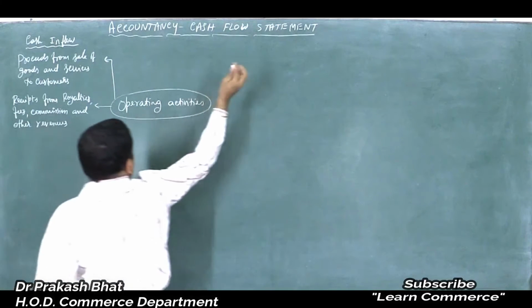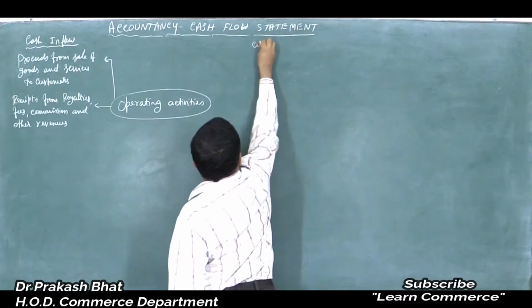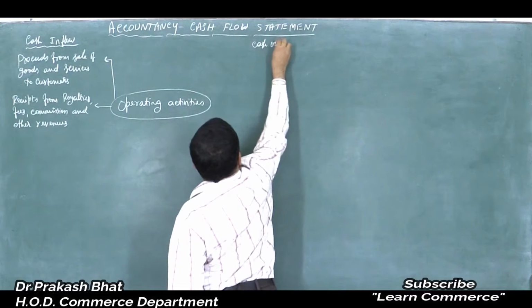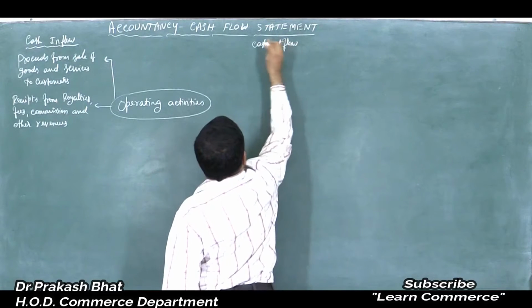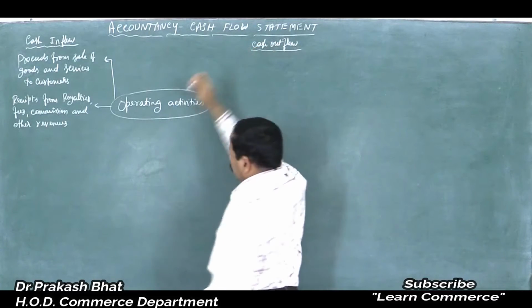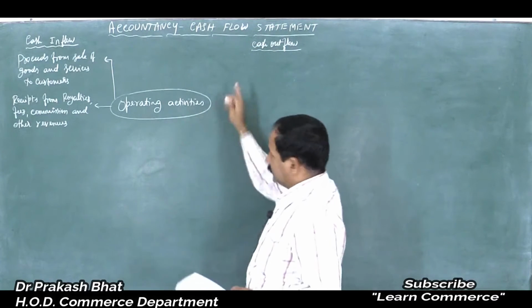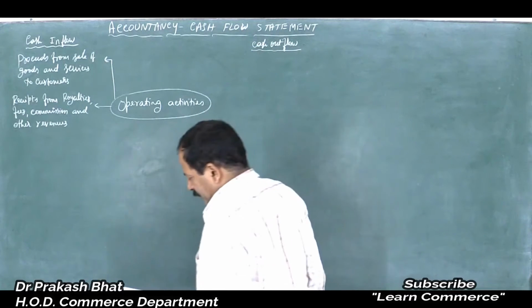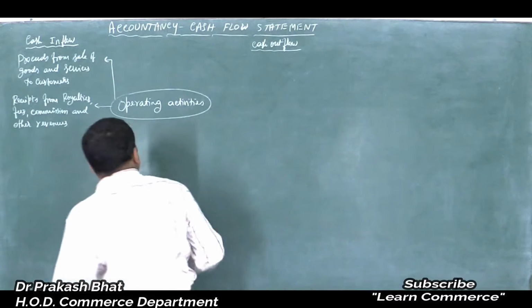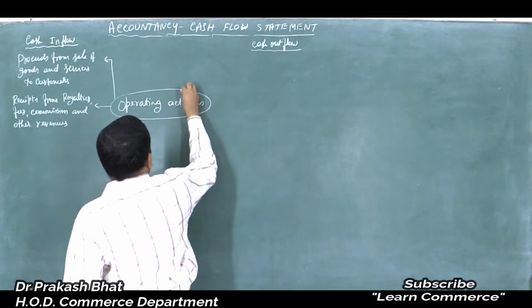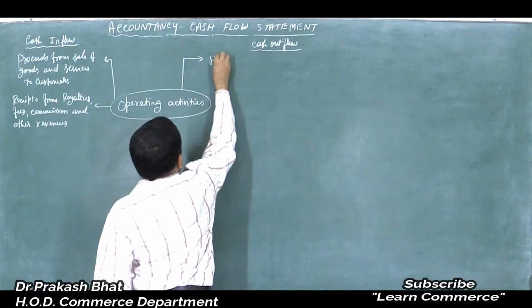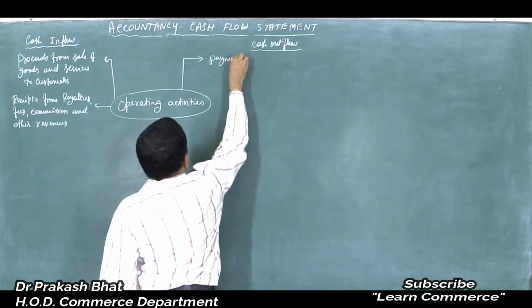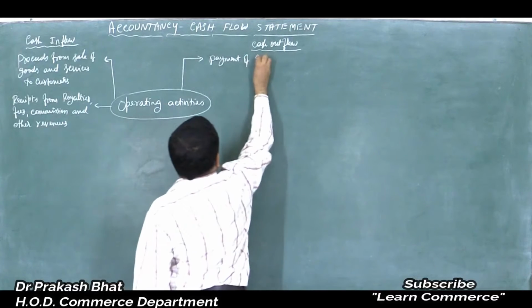Then this is cash outflow. Now operating activities, cash outflow. Payment of employee benefit expenses.